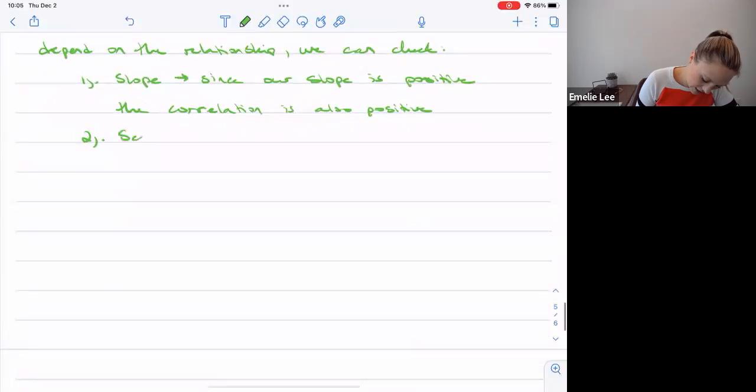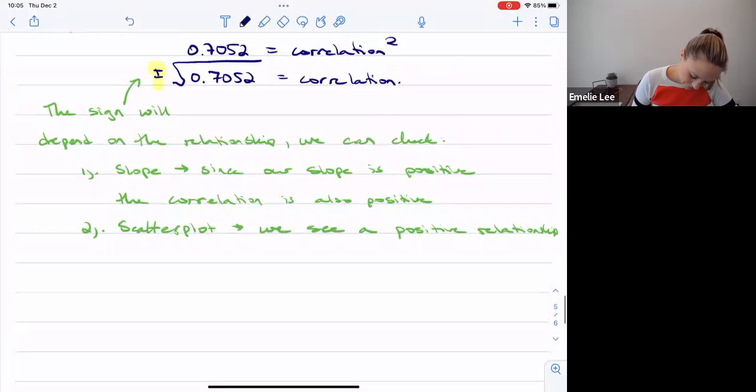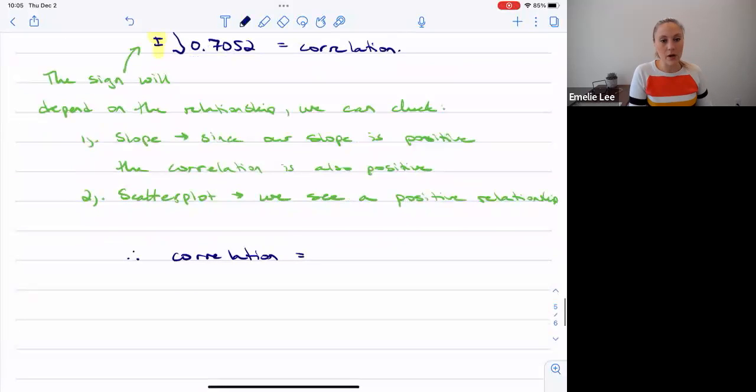And we can check the scatter plot. We see a positive relationship. So therefore, the correlation here is going to be the positive square root of 0.7052.